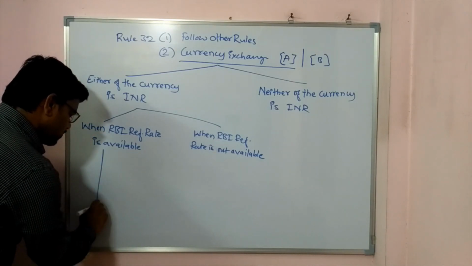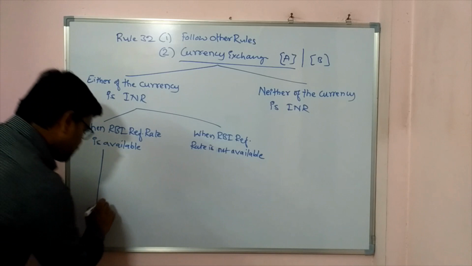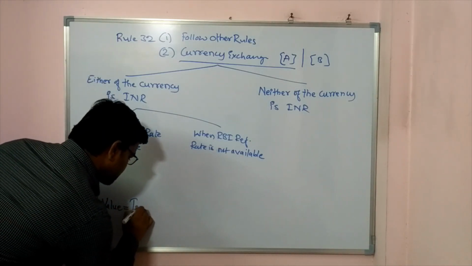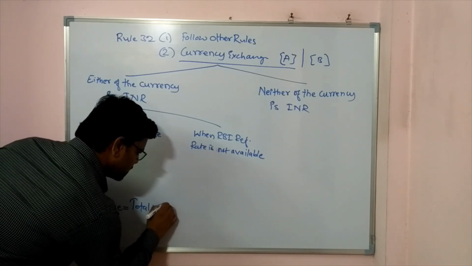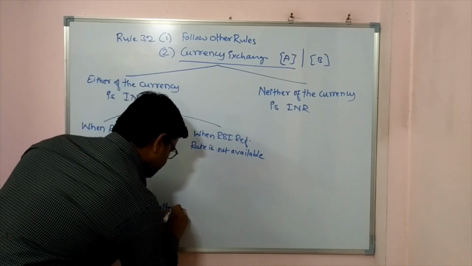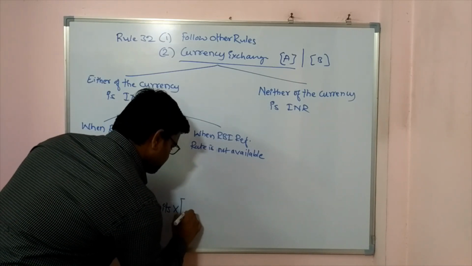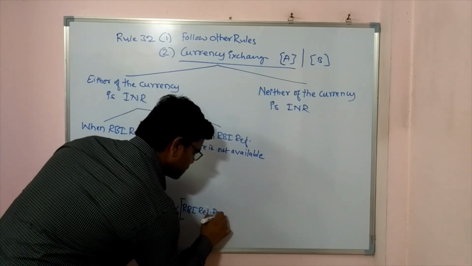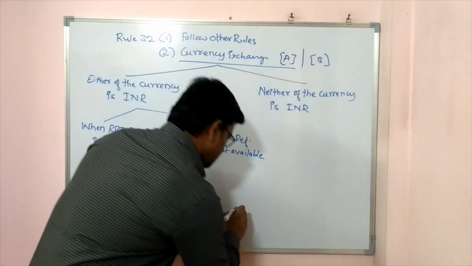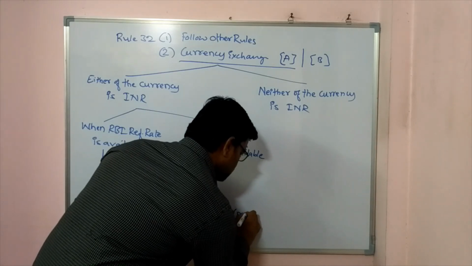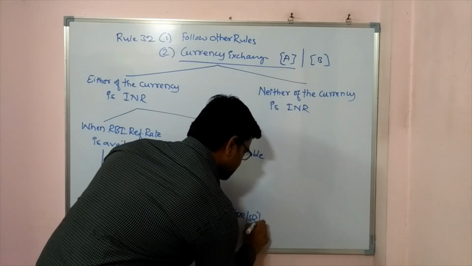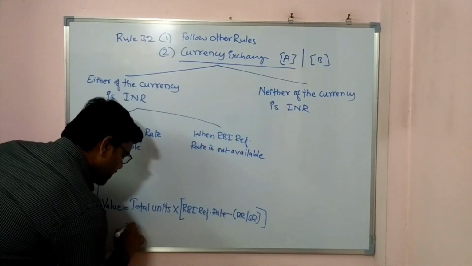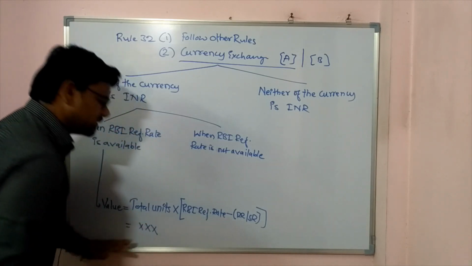In this case, calculation is really very easy. You have to only calculate value using total units into RBI reference rate minus, you will either have buying rate or selling rate. If you only do this, you will get total value of supply, and this is your answer.